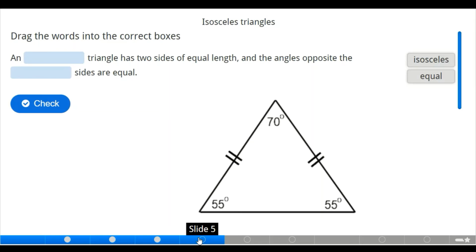Now let's look at the isosceles triangle. An isosceles triangle has two sides of equal length, and the angles opposite the equal sides are also equal. So let's look at this. Look at this arrow and this arrow. This is telling us inside this picture that this side and this other side are equal.